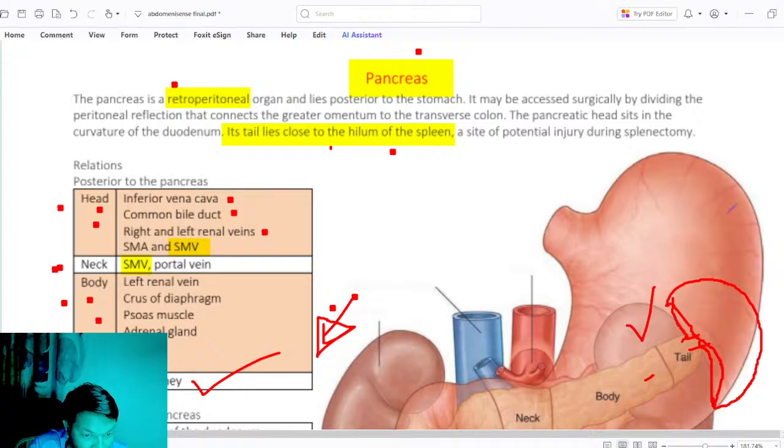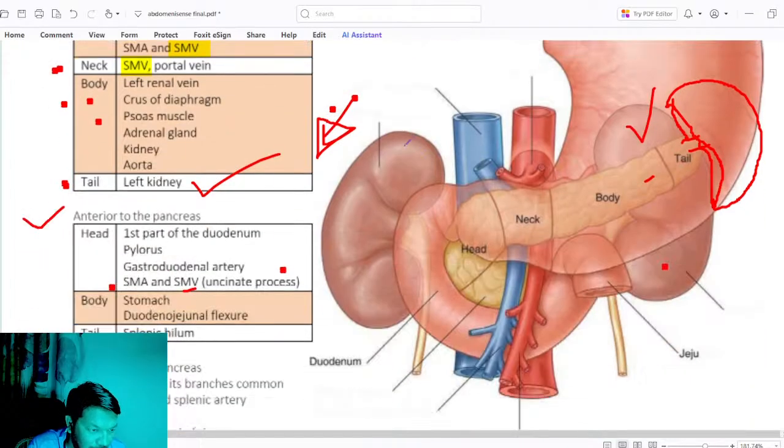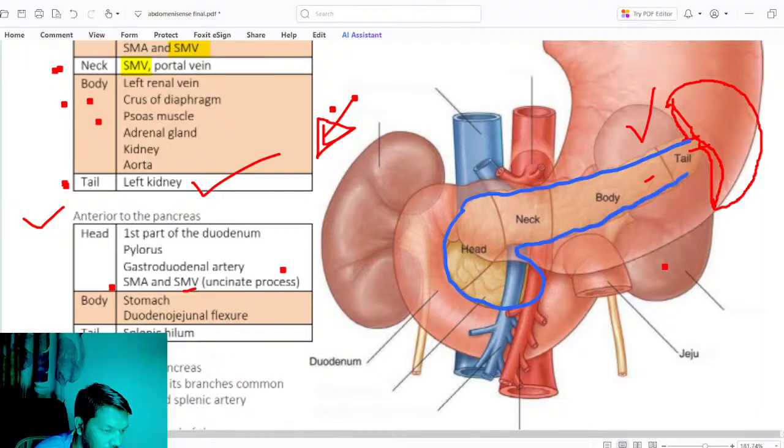The pancreas is a retroperitoneal organ and lies posterior to the stomach. The tail lies close to the hilum of the spleen. So this is the pancreas. It has a head, neck, body and tail.